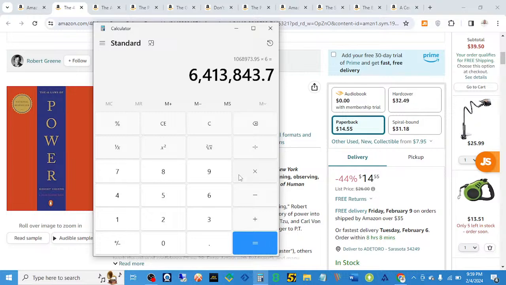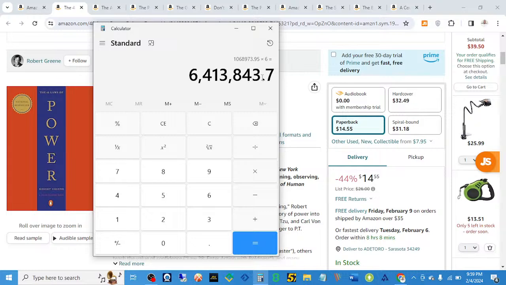It means so far this seller has made 6,413,843.7. In simple terms, $6.4 million is what this seller has made so far on this single book.